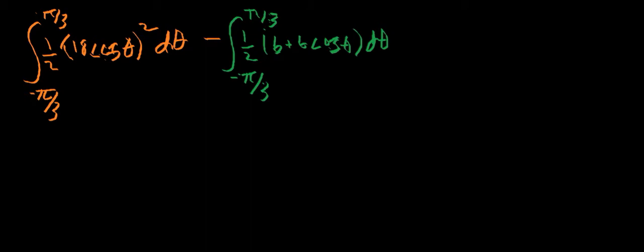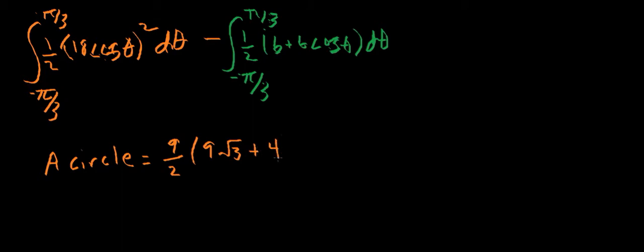But anyway, when we anti-differentiate, we get a value of 9/2 times 9√3 plus 4 pi, which is approximately 126.70.